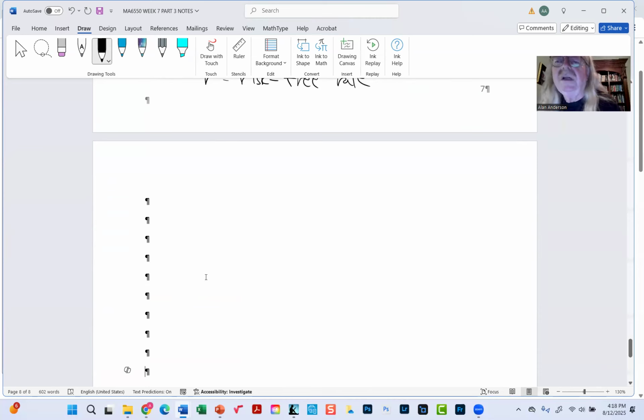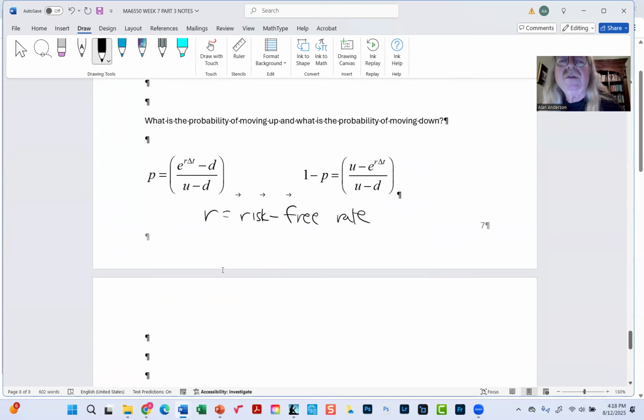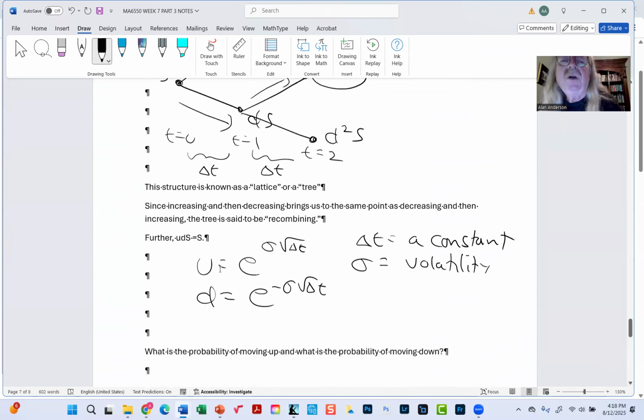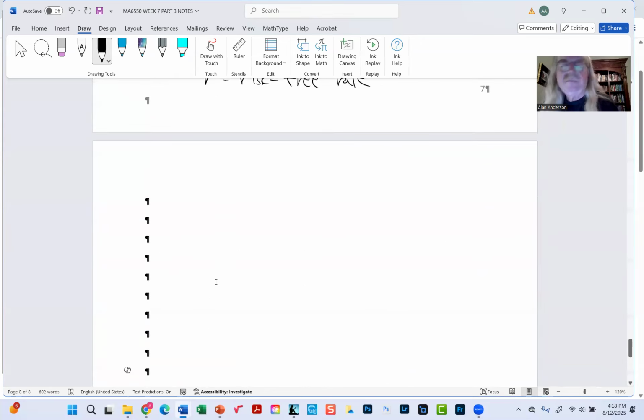Now, what about the option? Right now, all we've been doing is modeling the stock price. What about the option? Well, here's what's going to happen.